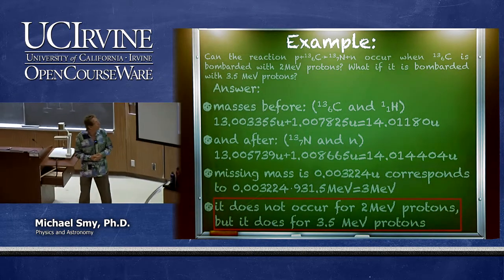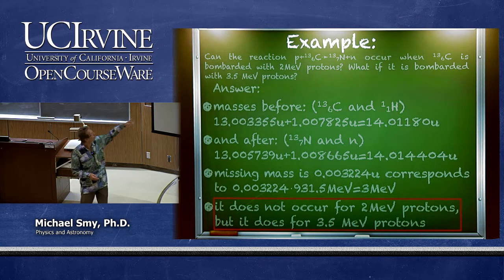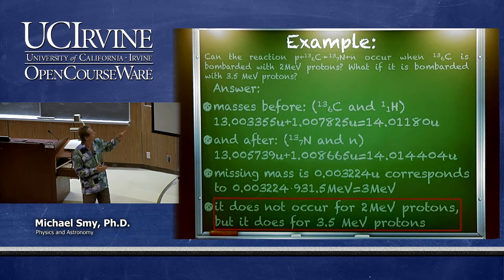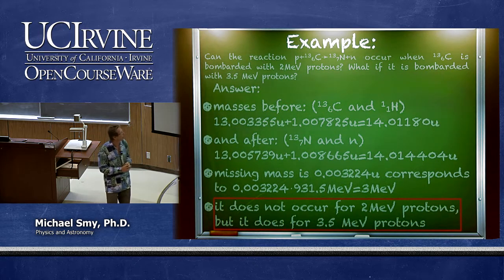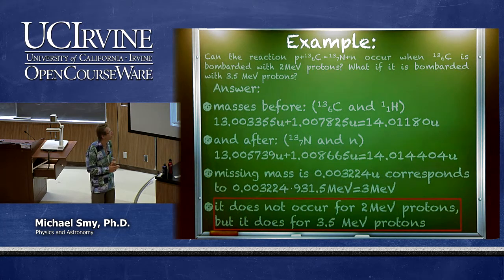What we do is the same as for the decay. We look at the masses for carbon-13 and for hydrogen-1. So before we have the reaction taking place, we have 14.01180 atomic units. And afterwards, when we just have the nitrogen-13 and the neutron, we have actually slightly more mass, 14.014404 units.